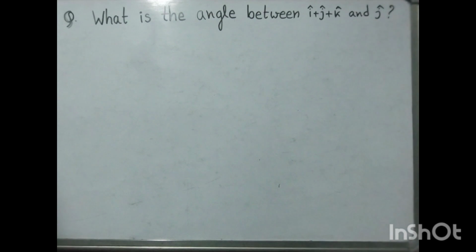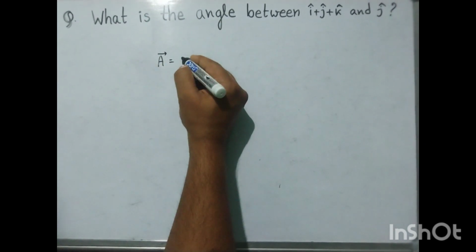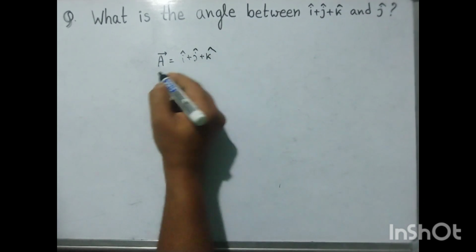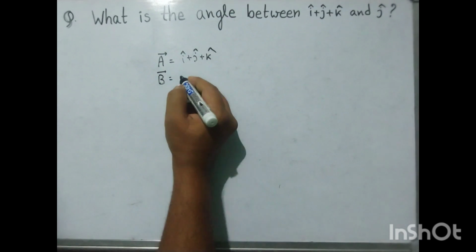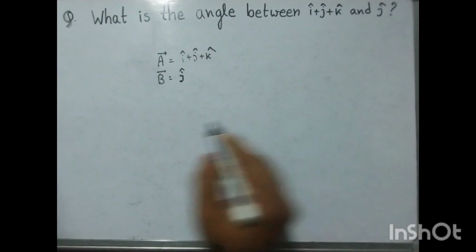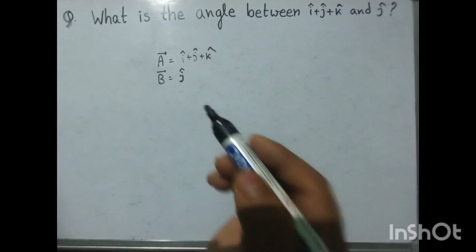Okay, this question is asking what is the angle between two vectors. The first vector is i cap plus j cap plus k cap, and the second vector is j cap. So we know how to find the angle between two vectors. Suppose here a vector is i cap plus j cap plus k cap, and b vector is just the unit vector along the y-axis, that is j cap. So you have to find the angle between these two vectors.